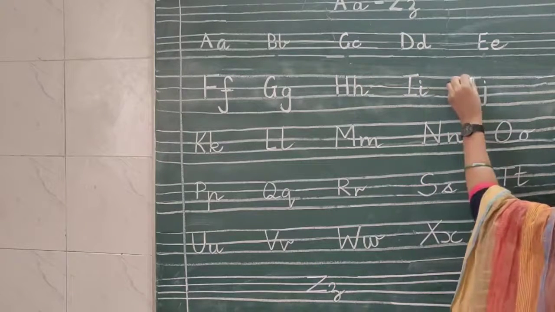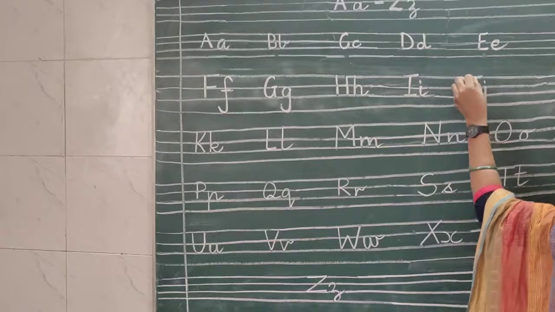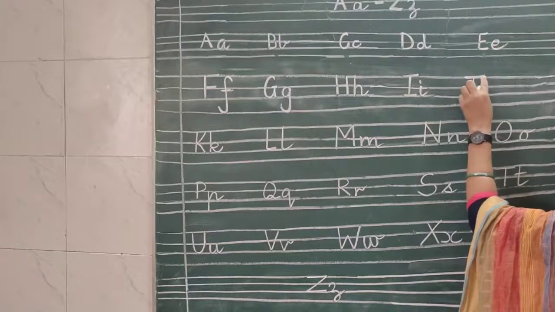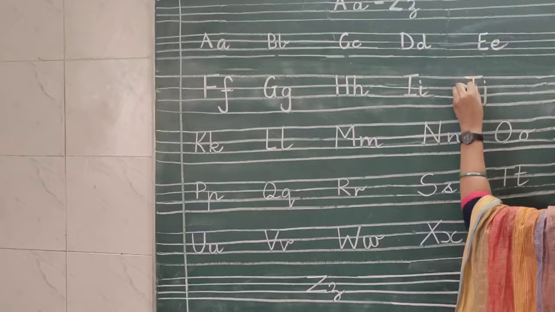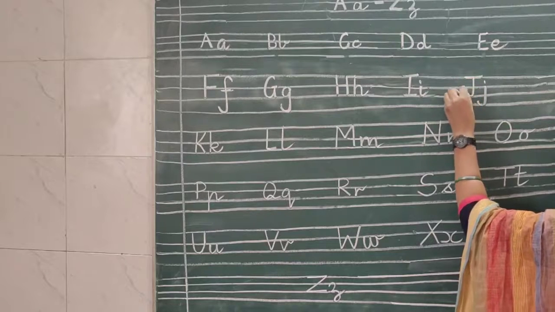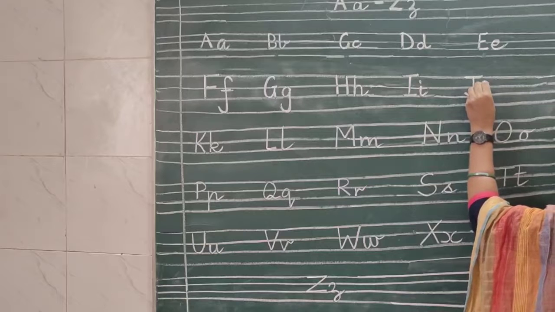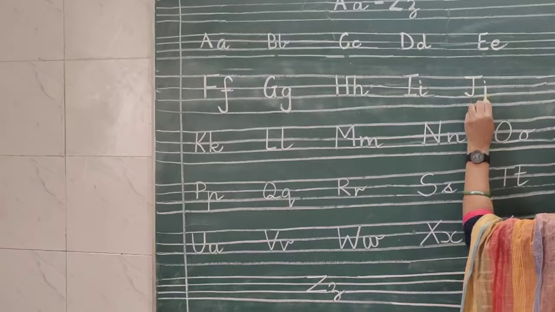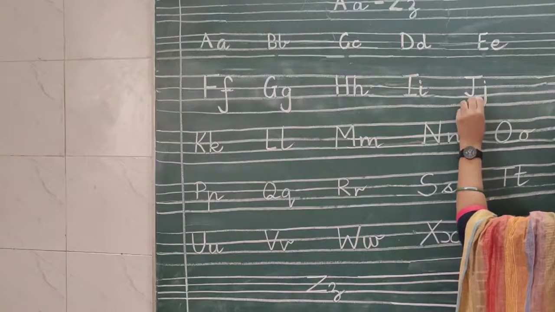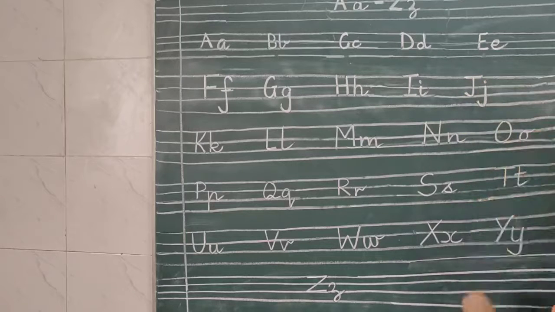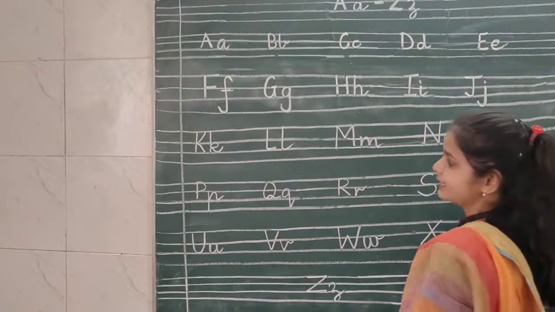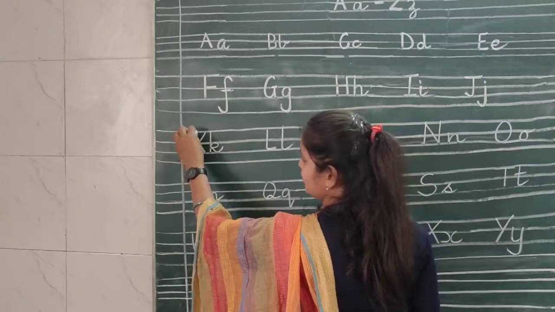Okay. Now J, capital J, starting from the first line we put a dash, then coming down and a backward kick. This is J. Then small j, starting from the middle line till the last line and a small kick and a dot like this. This is small j. I hope you all are getting this, children. Now, the next letter is K. K for kite.